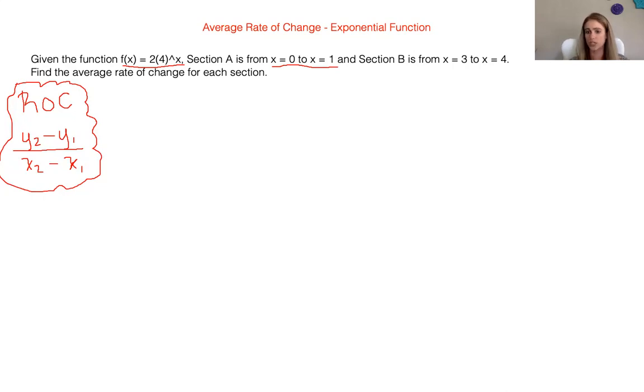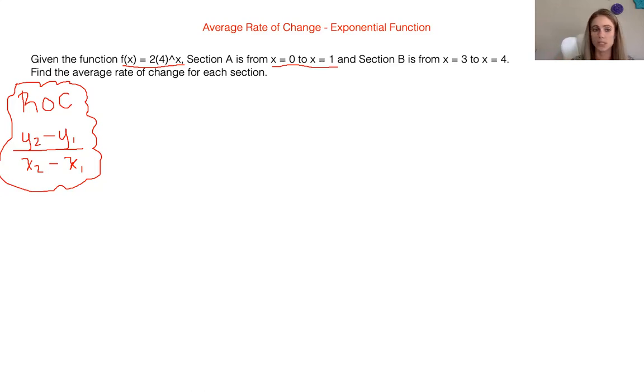Since we have the equation and our x values, we can use substitution to find the adjoining y values. For the very first one, where x is equal to 0, we substitute 0 in for x, and that will allow us to find our y, or in this case, since it's a function, our f of x. Because remember, f of x is the fancy way of saying y.